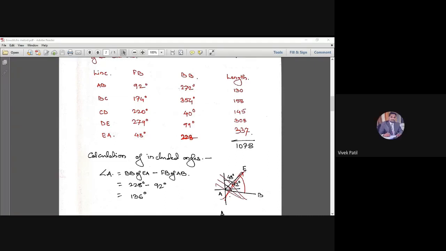Calculate angle D and tell me what is the angle D. Others also calculate angle D and tell me.